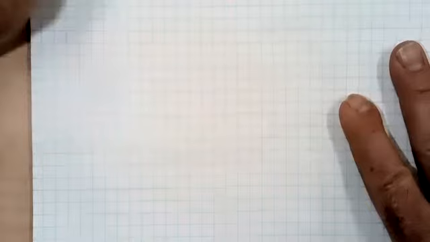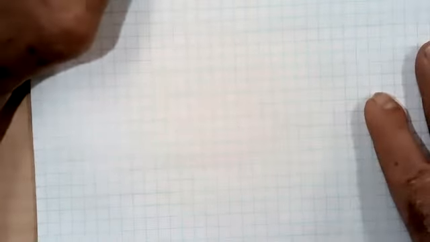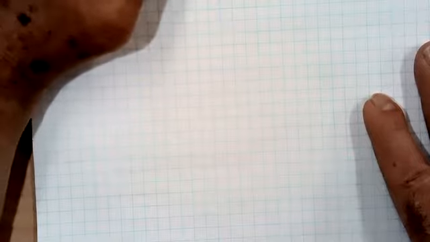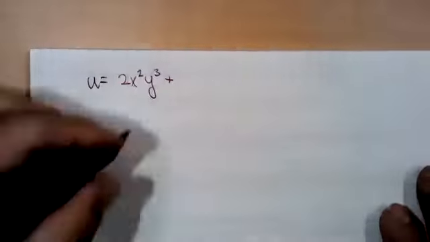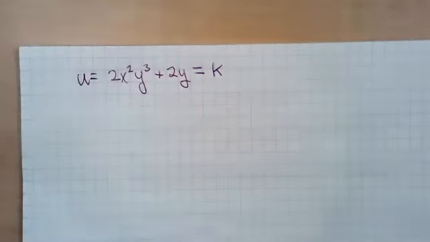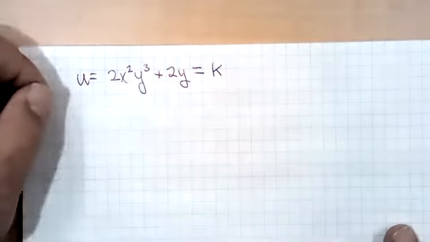Okay, so let's take a little more complicated one, but not too complicated. I'm going to take this one. And we're going to assume that we're interested in level curves equal to k. And now I'm going to write the ODE.